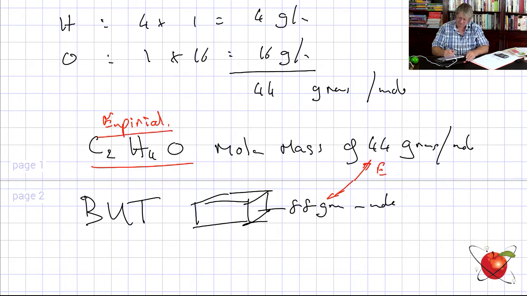The molar mass of that was 44. That was the percentages that we worked out. So the basic form is C2H4O, but that only weighs 44. The stuff we've got is 88, okay?